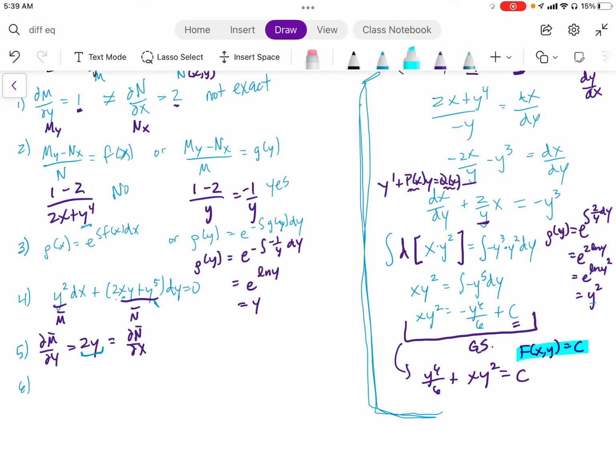I look at this original M bar and N bar, and I'm like, oh, that's the easy piece. N bar, maybe it wouldn't be terrible integrating with respect to y, but I like the left.